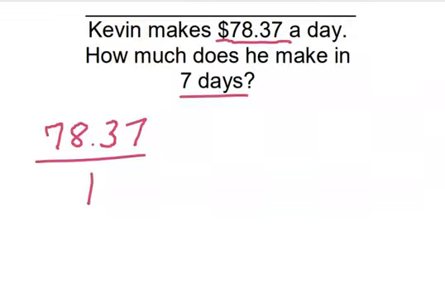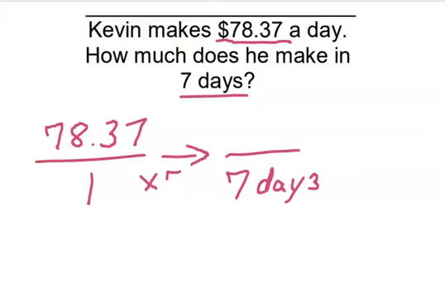And then we want to basically kind of move it up to where we have how much per 7 days. Okay, so if you want to set it up this way, you can see that we just have to multiply both by 7, which we kind of figured out anyway, right?